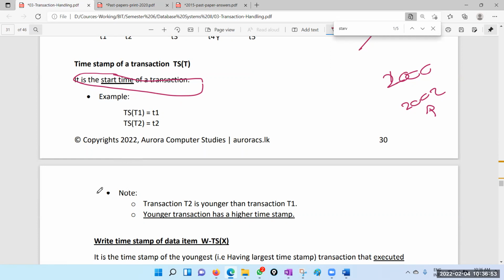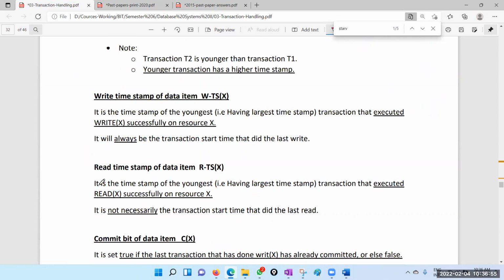Next one is the write timestamp of a data item. Every data item, every data record has 2 timestamps, read timestamp and write timestamp, and there's a third concept called commit bit. Those 3 are for the resource or record. The first concept is for each transaction.